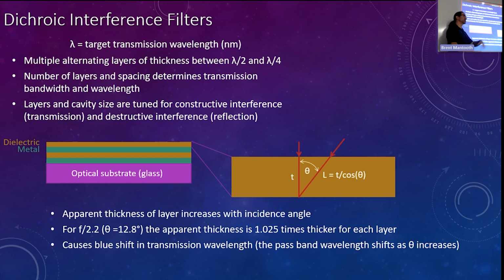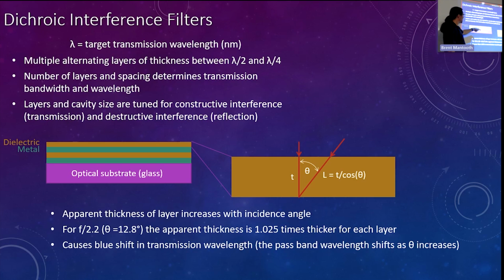So if that's 656 nanometers for hydrogen alpha, you would be taking that wavelength divided by 2 and 4, and there's a mathematical process that you can go through and figure out exactly how to stack all of these layers so that that wavelength will go through, and it will have a certain bandwidth that gets either transmitted or rejected.